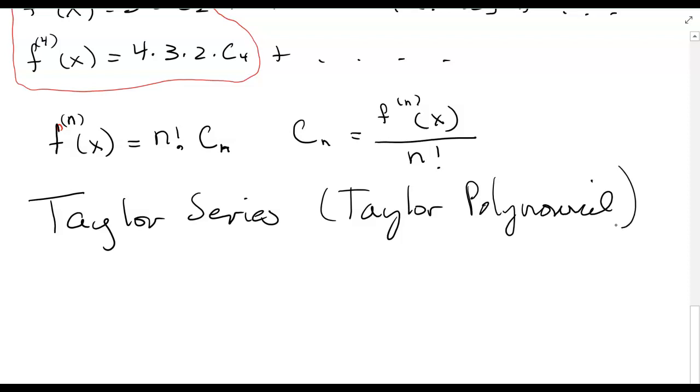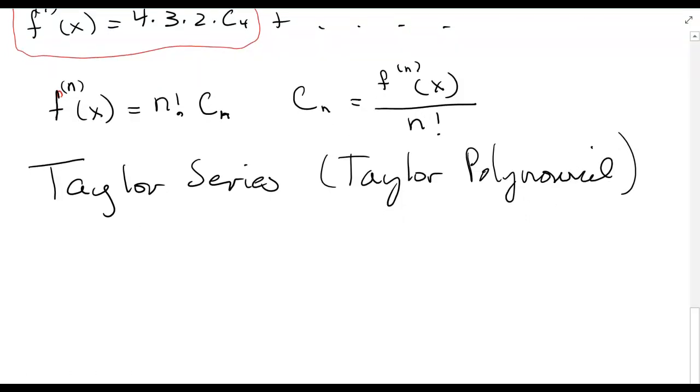You will, when you get to differential equations, spend an entire chapter on these things. These Taylor polynomials are a specific type of power series where we define the coefficient. So what does it look like? The f of x, that's our function, is going to be this summation from 0 to infinity.